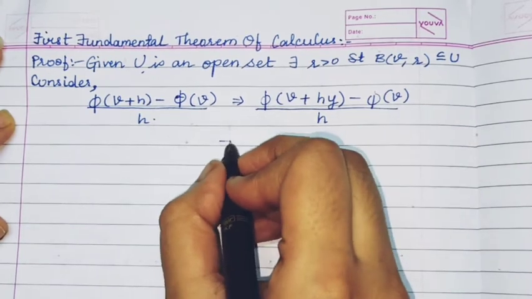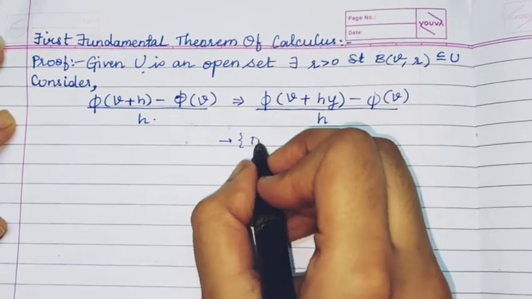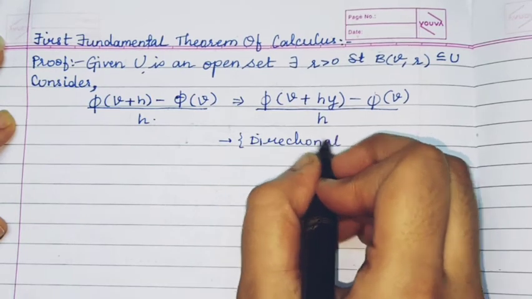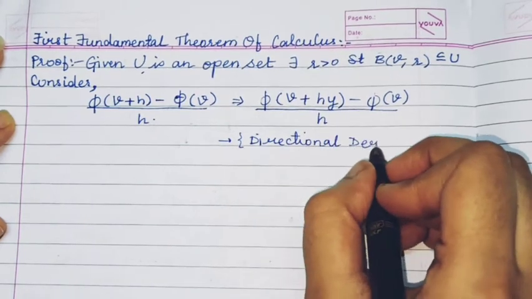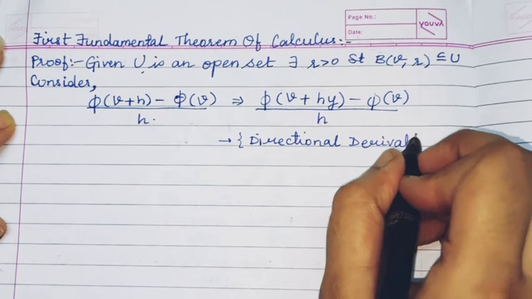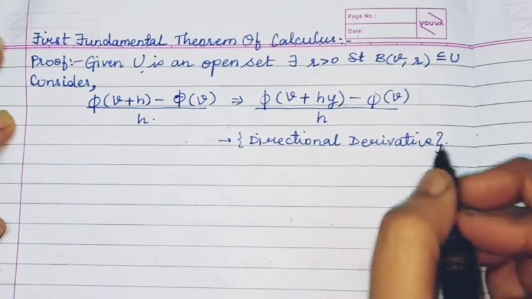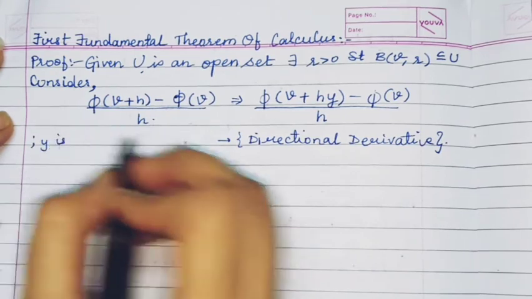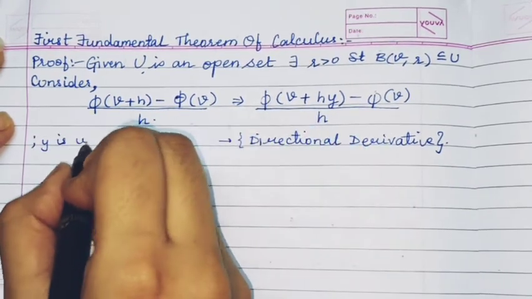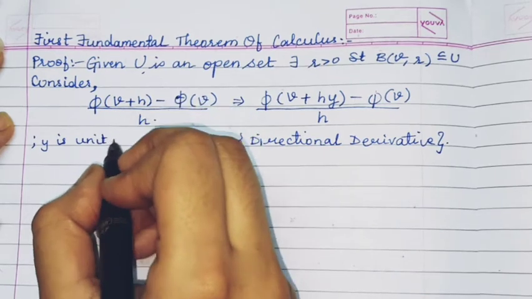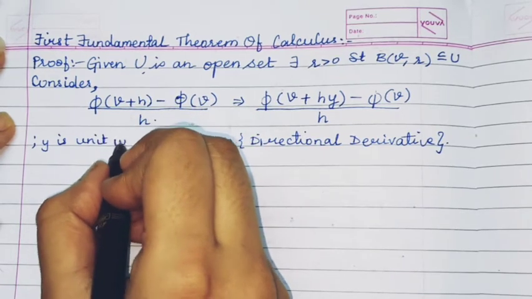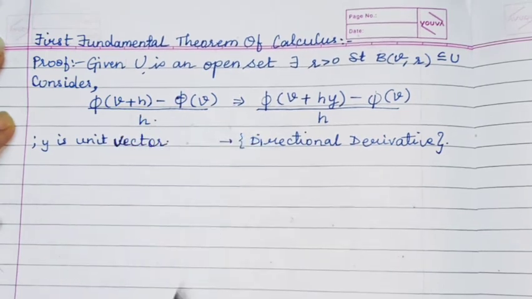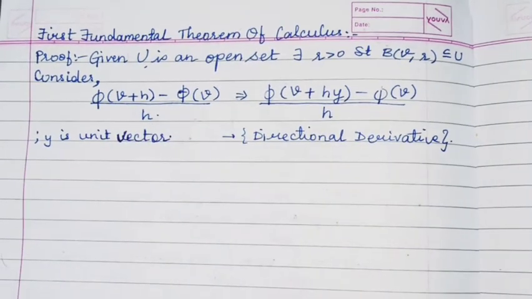The reason is it is the formula of the directional derivative. Now why have we added the term y, and what is y? So y is a unit vector. This is the formula for the directional derivative.